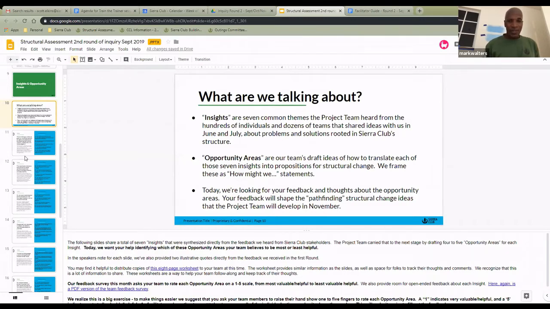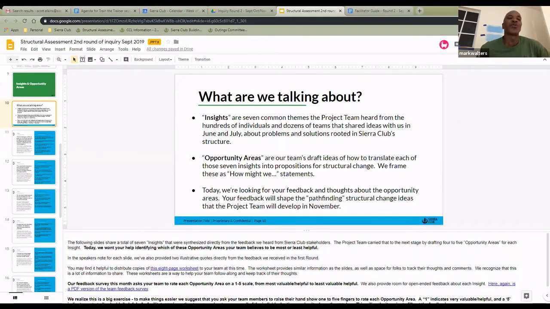And I want to say here that the exercise that you'll be doing with your team, what we are asking you to do is to actually rank the opportunity areas, the 4 or 5 questions that are included with each of these insights.